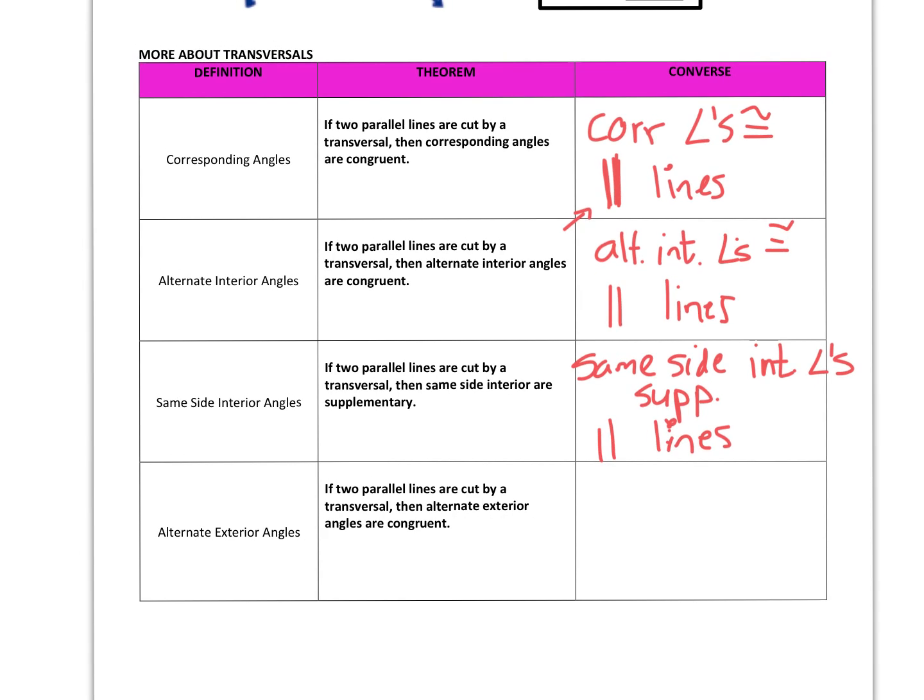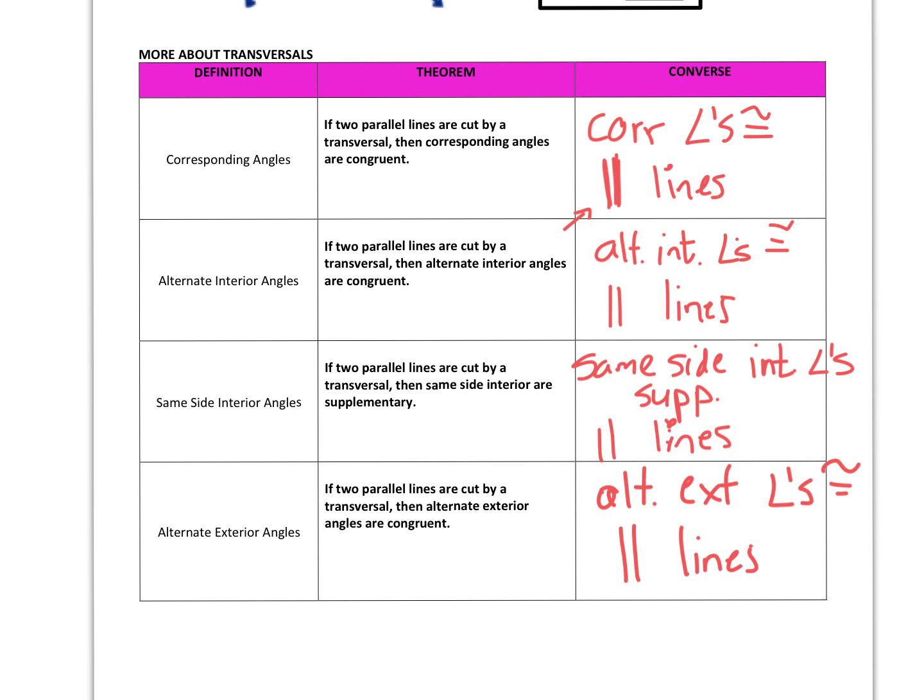All right, last one. We have alternate exterior angles. Alternate exterior angles are congruent. What do you think? You got it. The lines are parallel. So that's it.